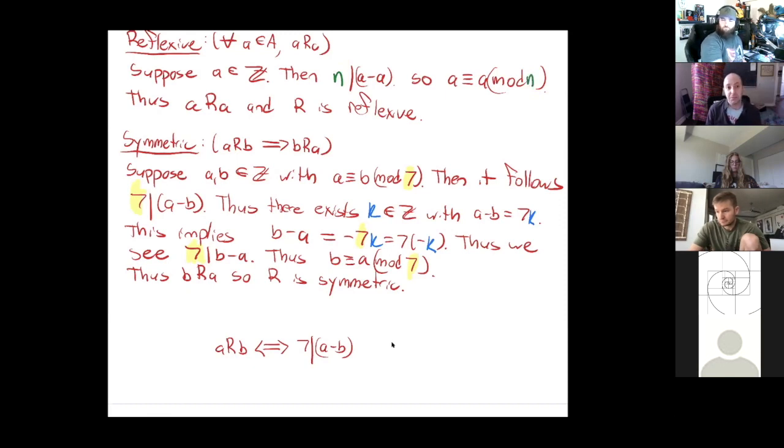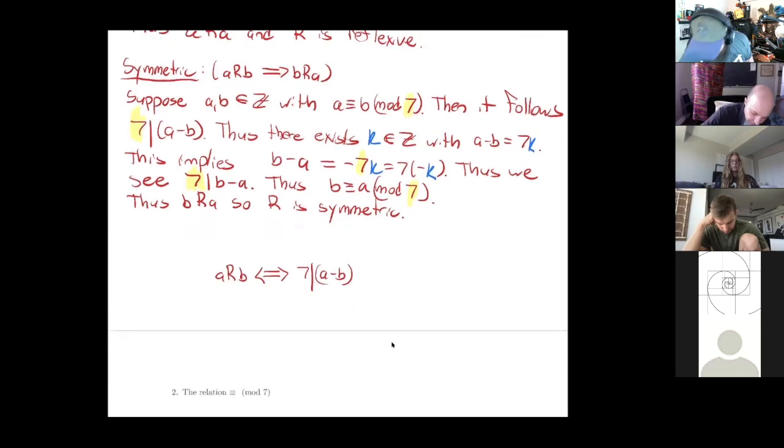And that's fine, right? For example, the reflexive part is fine. If a is an integer, and if n divides a minus a, then a is congruent to a mod n. Great. And the same goes down here.